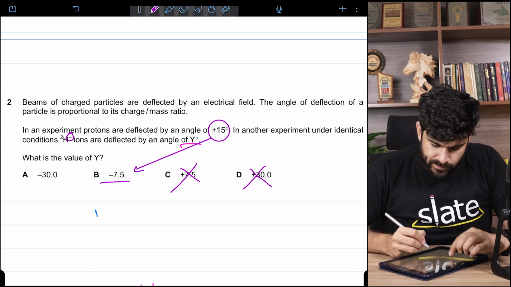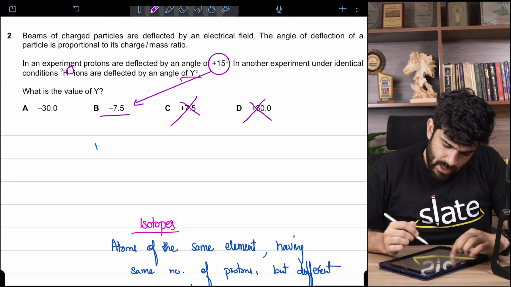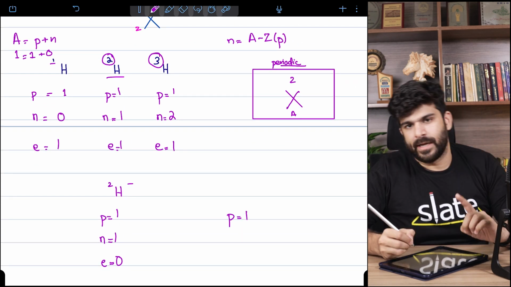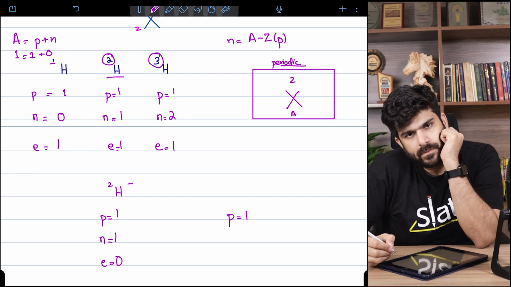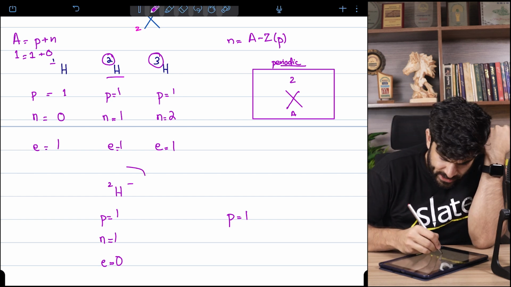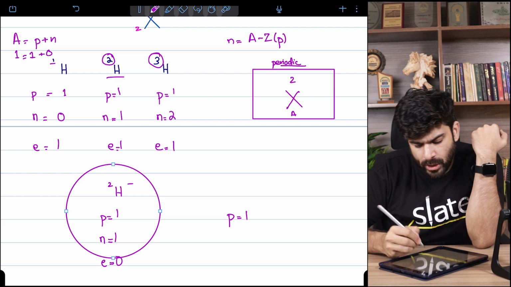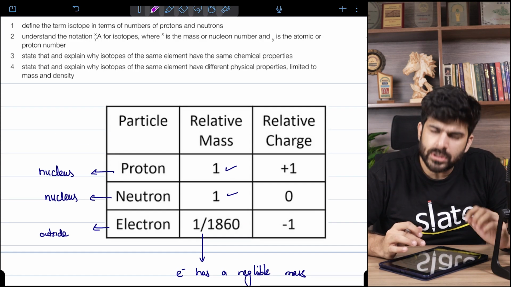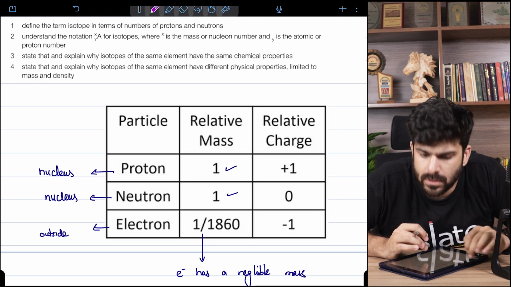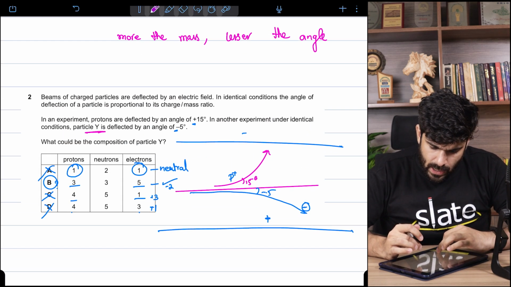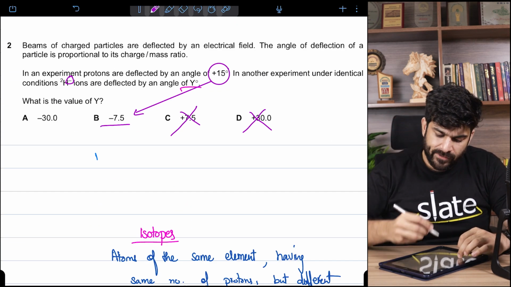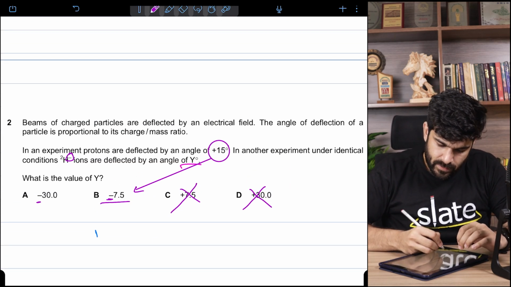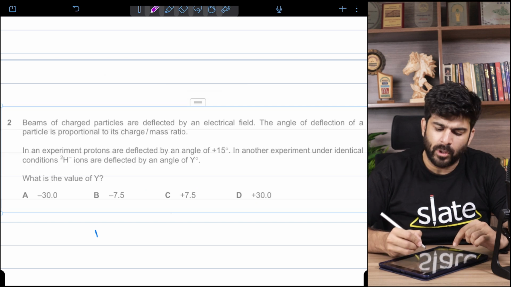Now we know that when we compare a proton, its mass is 1. But in this case, H2, we have 1 proton and 1 neutron. And what did we see? Protons and neutrons have almost equal mass. So although the negative charge decided the direction here, because the positive proton went towards the negative side, right?